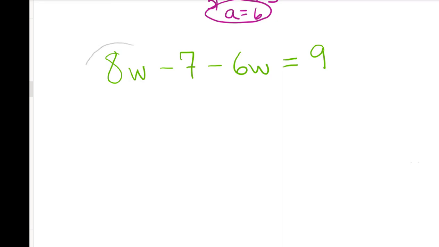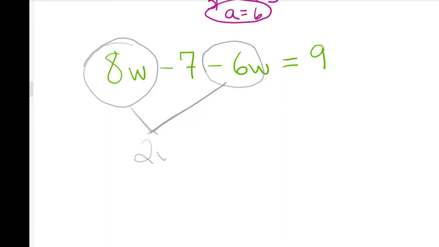We have 8w here, and here we have 6w, but you have to be careful because there's a minus 6w. It has a minus in front of it. When we combine, we're not switching sides, we're just combining. So 8 minus 6, we get 2w. After we combine those, we have minus 7 equals 9. So 2w minus 7 equals 9.